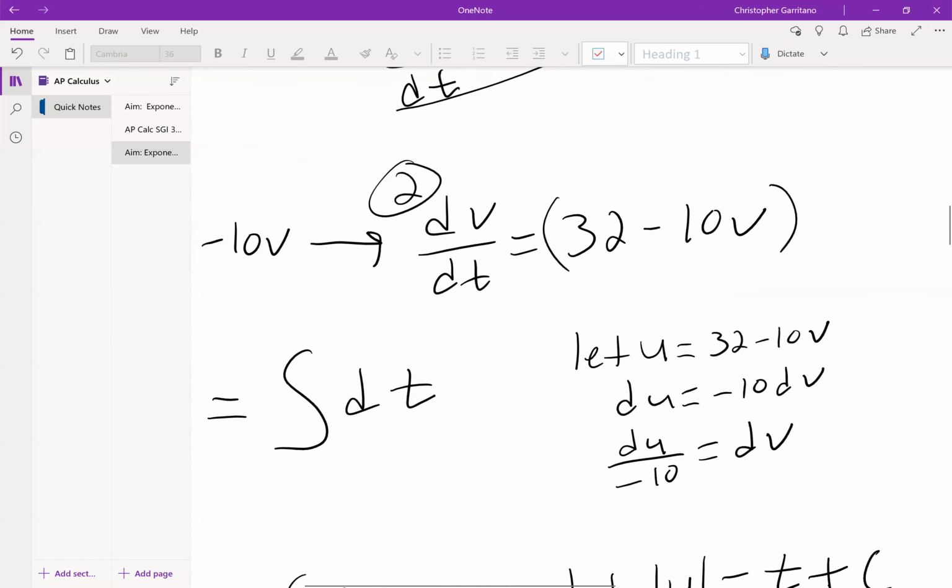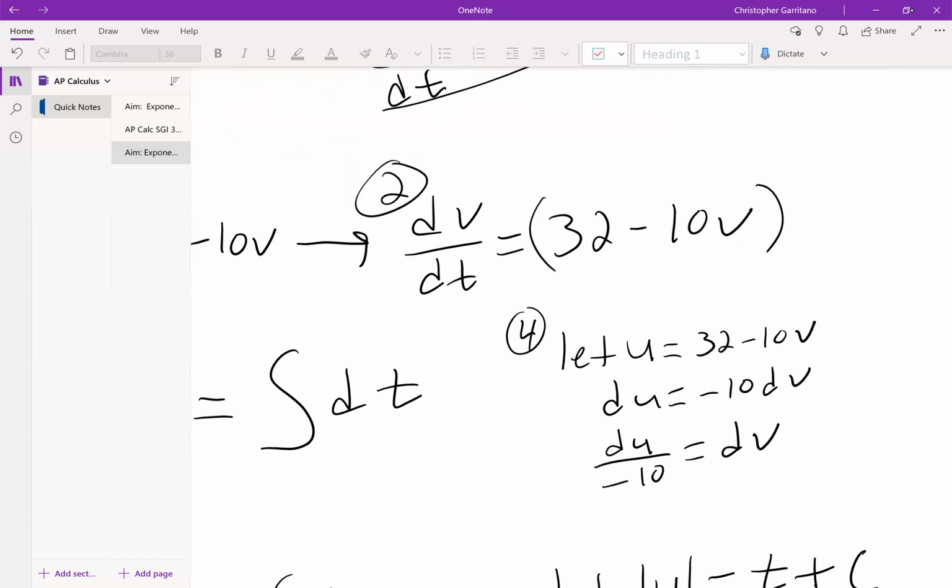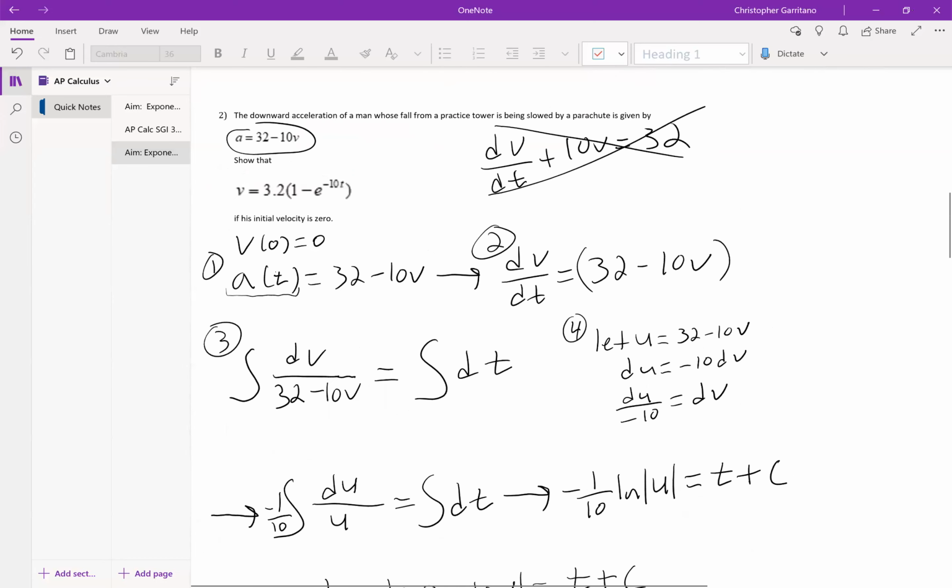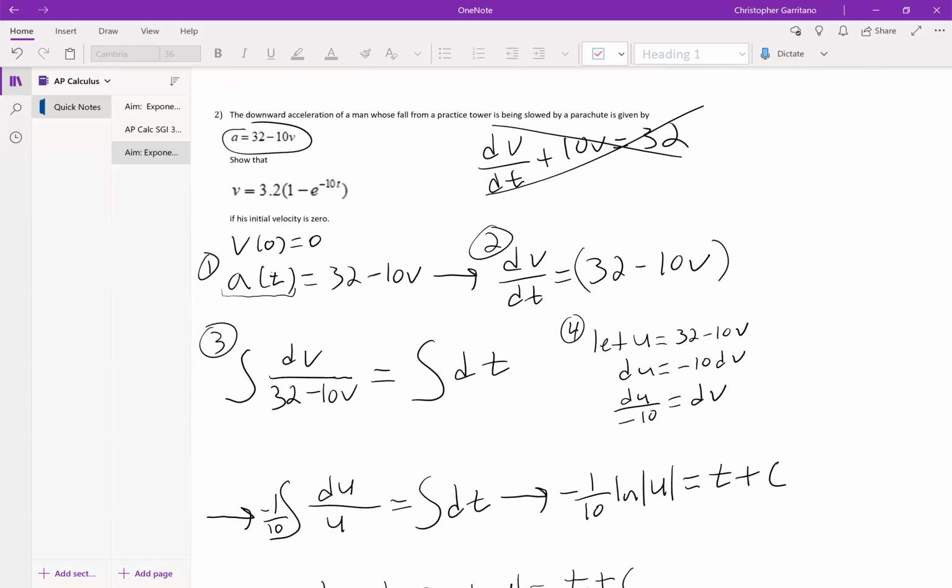Let me zoom out so you can see all the steps. I'm going to let u equal 32 minus 10v. That implies that du is equal to negative 10 dv, which also implies that du over negative 10 is equal to dv. So wherever I see a dv, I'm going to replace it with du over negative 10. And that's what I've done here.